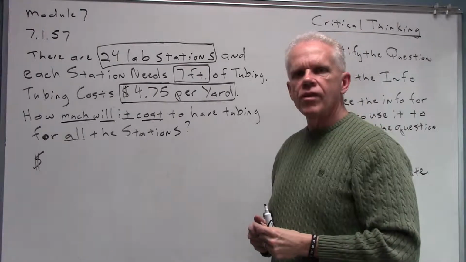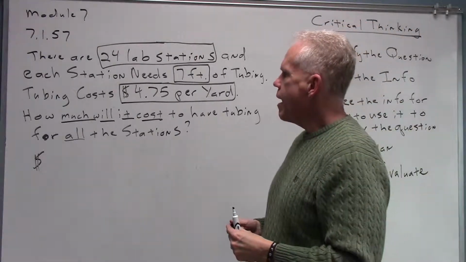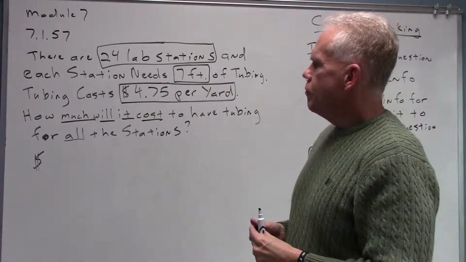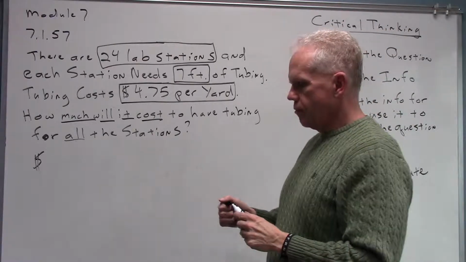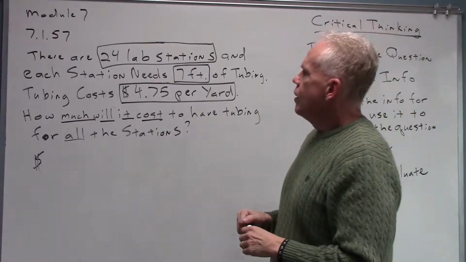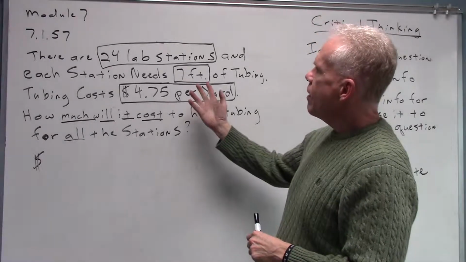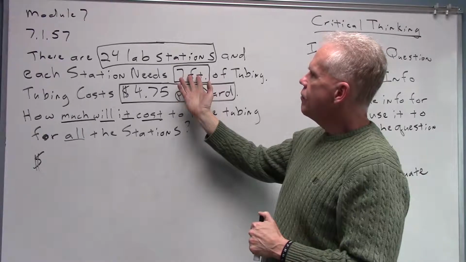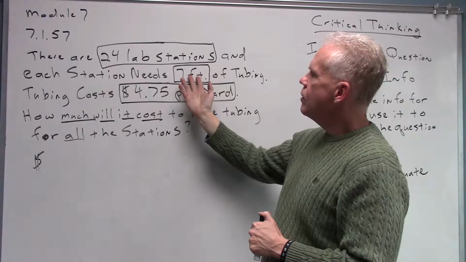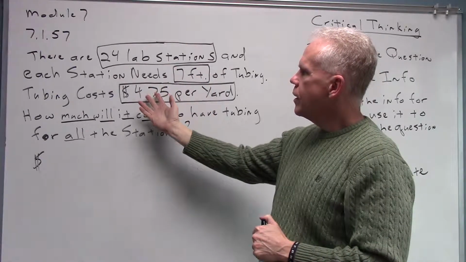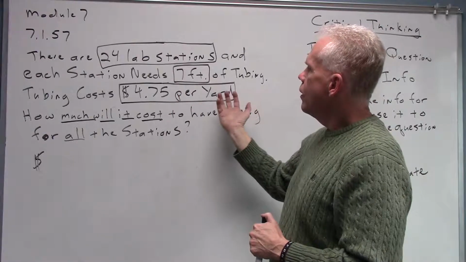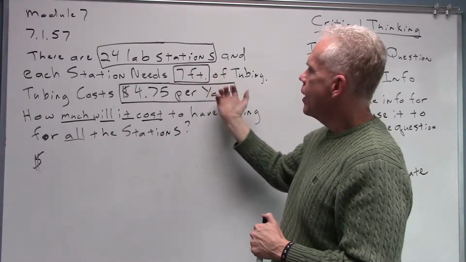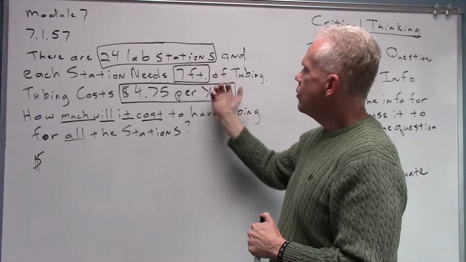Now, analyzing that information, thinking about how much it's going to cost, one thing that jumps out at me, guys, is we have the amount of tubing we need listed in feet, but the cost of tubing is listed per yard. So we've got kind of a disconnect here between feet and yards.